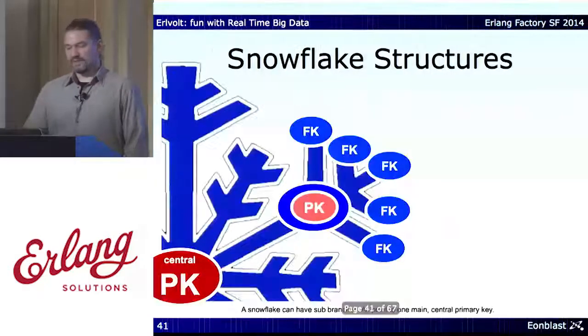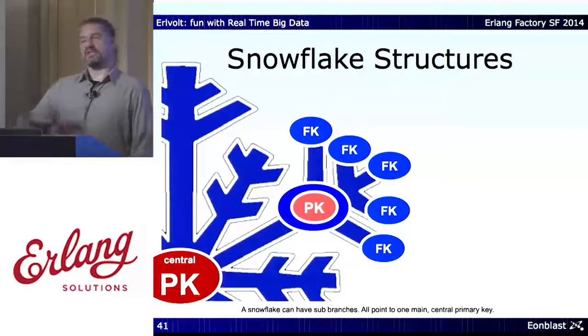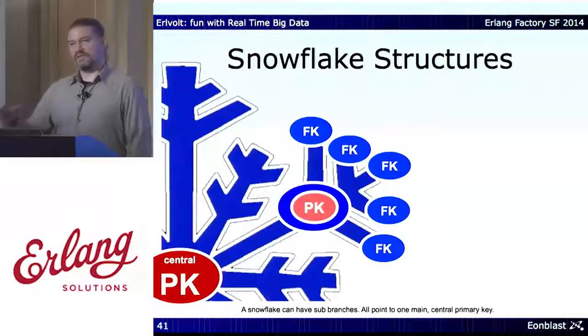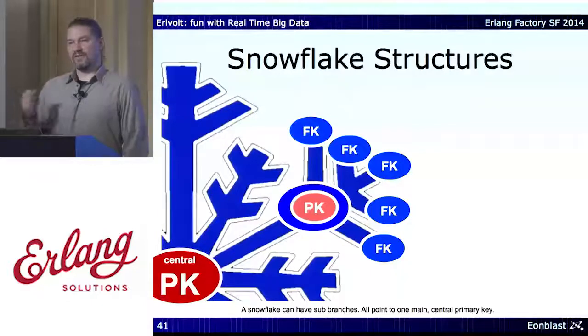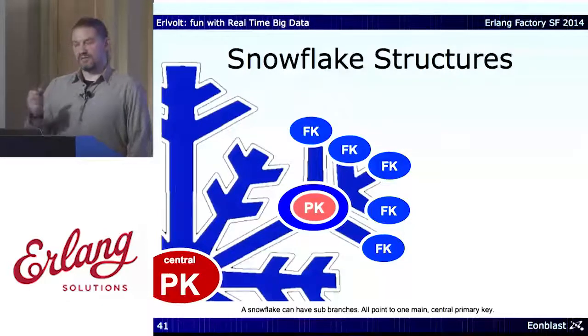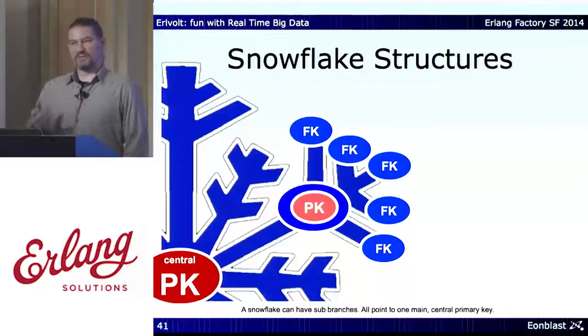And the snowflake can branch out, and you can have other items of orders that are then again dependent, so to say, on that one customer. But in the end, they're all really sensibly grouped to that one customer, so that a central PK has to be identified. And then you design your entire database in a way that you say, okay, everything that belongs to that snowflake should end up on the same server.